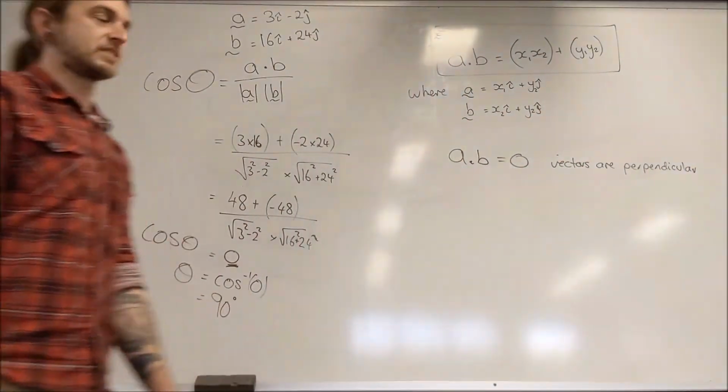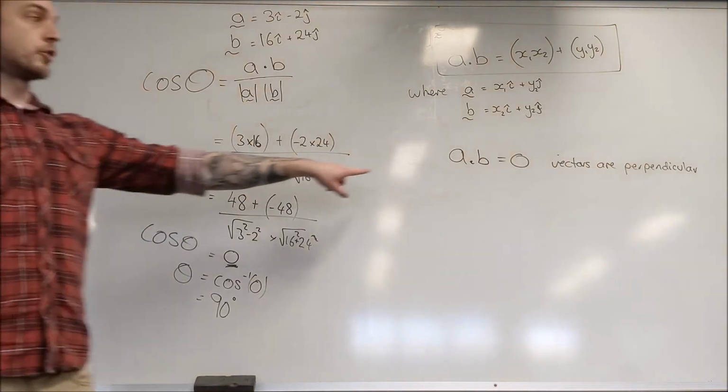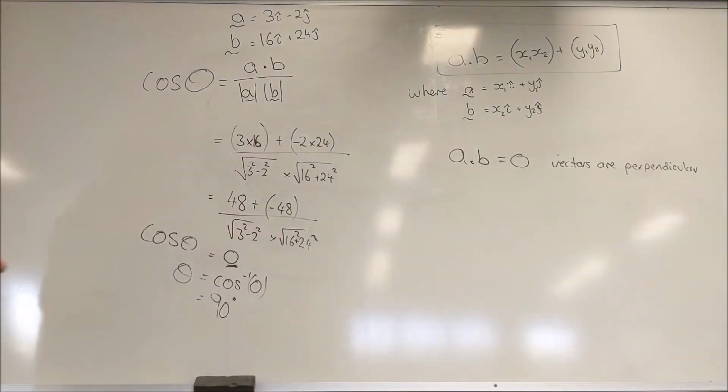So I know we went a step further, but as soon as you got 48 plus -48, that meant that your dot product was 0, so therefore your vectors were perpendicular, and there was a 90-degree angle between the two. So a cool little way there to have two different proofs or two different checks that you have in fact done the right thing.